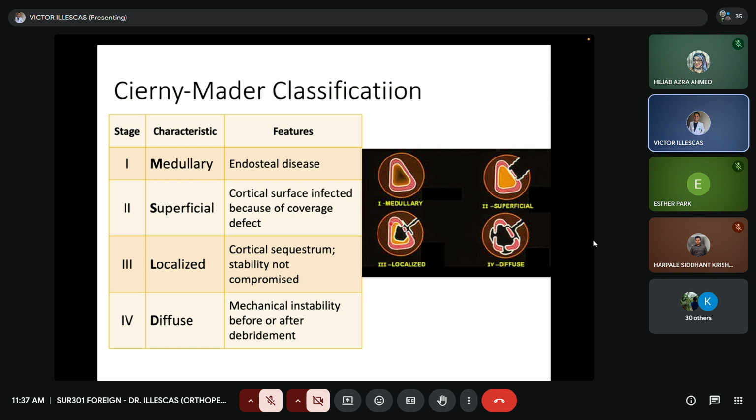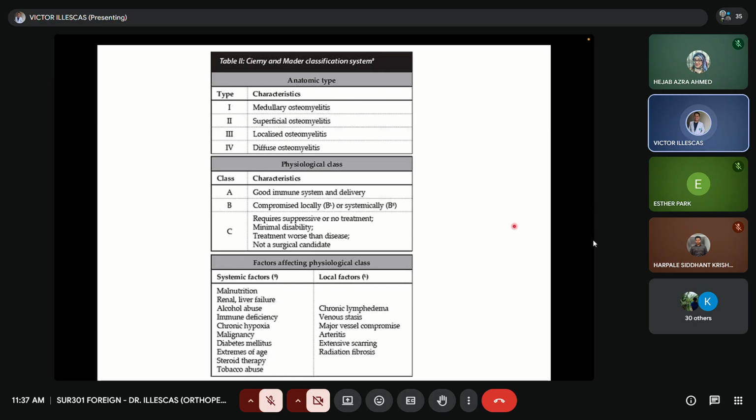Whereas in stage 4 or diffuse, all the cortices are already affected, leading to mechanical instability, leading to patient not being able to ambulate because of the instability. When you're talking about Cierny-Mader classification, the first classification is the type, the medullary, superficial, localized, and diffuse.